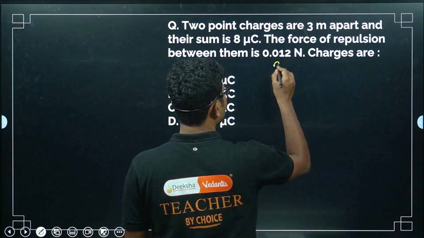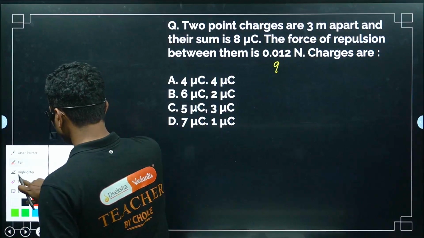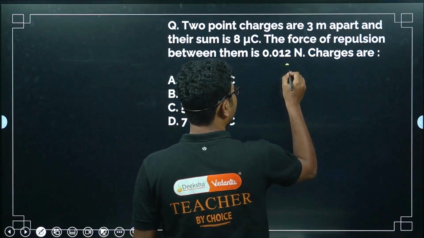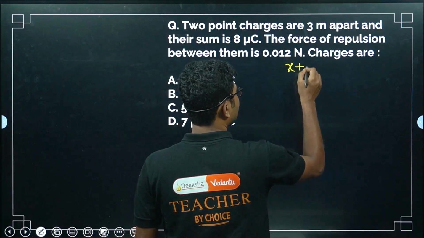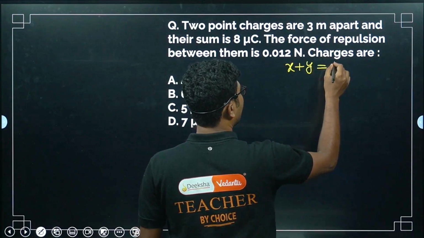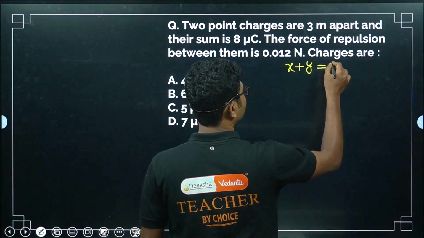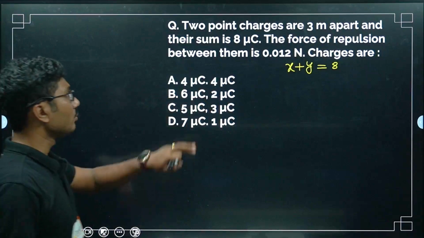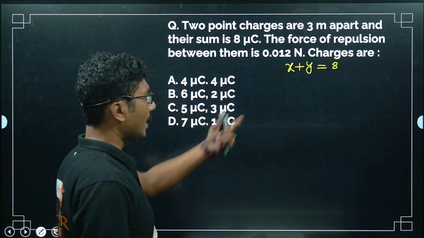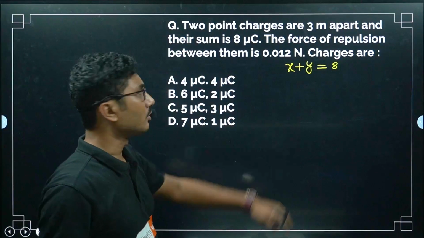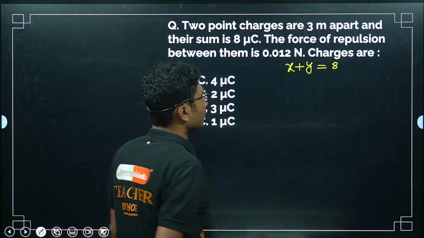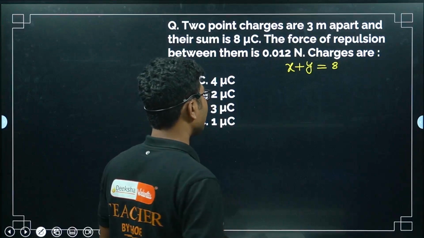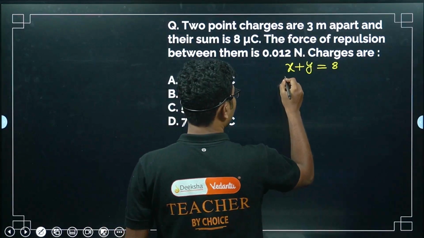I am not using Q1, Q2, it will be difficult to manage later on, so let me use X and Y. One charge is x microcoulomb, another is y microcoulomb. If you add them, we get 8 microcoulomb. Both of them are in microcoulomb, remember this.